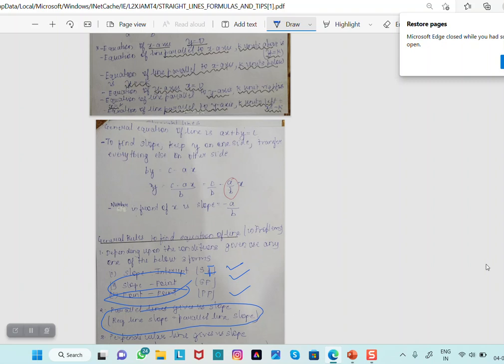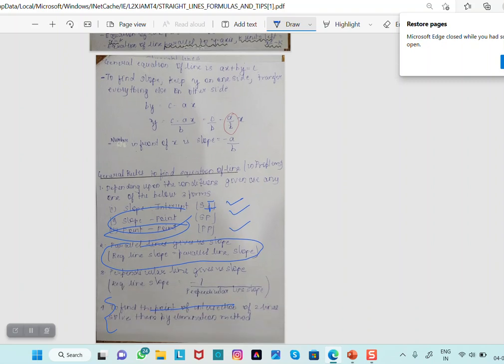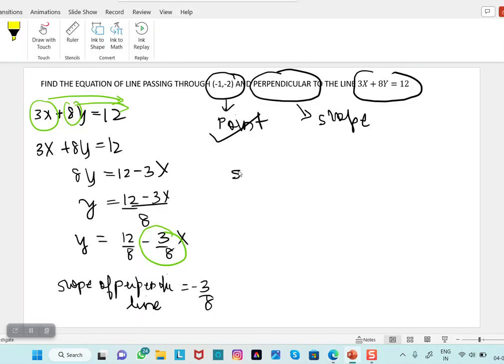Now over here it is said nicely that the slope of required line is minus 1 upon slope of perpendicular line.